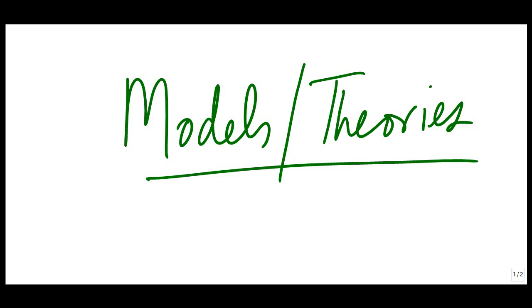In Economics 302 this semester, we're going to be studying macroeconomic models or theories. There are different macro models that we're going to be studying. Let me give you the names of some of them.